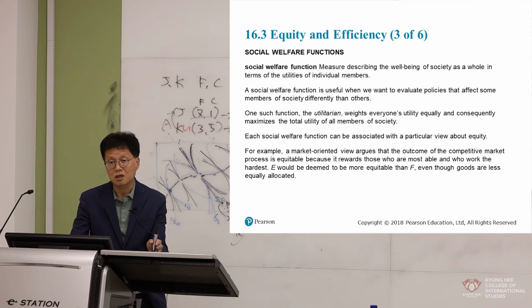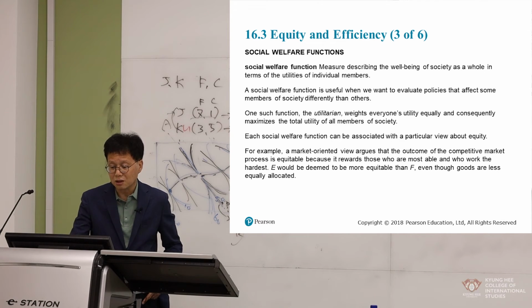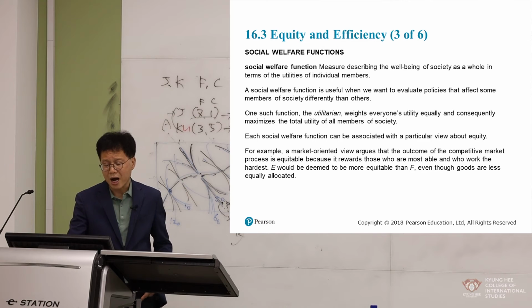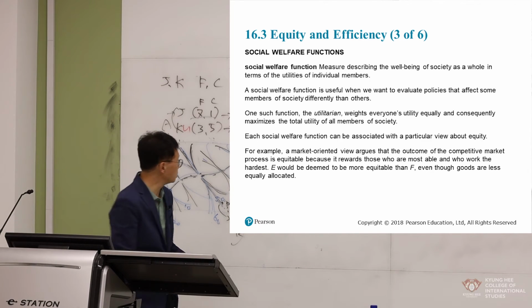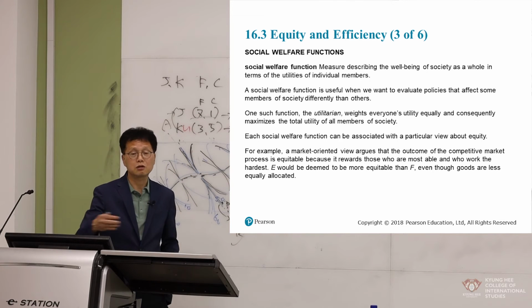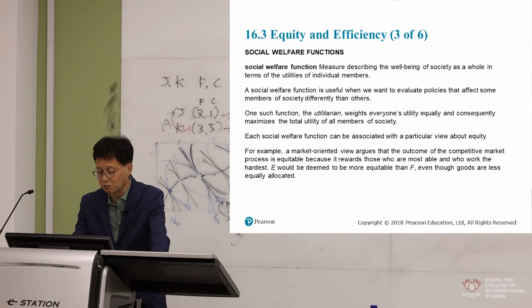Treated equally with the same weights. And consequently it maximizes the total utility of all members of society. So just focus on maximization of the total utility of all members. Right? Each social welfare function can be associated with a particular view about equity. For example, a market-oriented view argues that the outcome of the competitive market process, for example, MRS equal to P1 over P2, is MRS James, right?